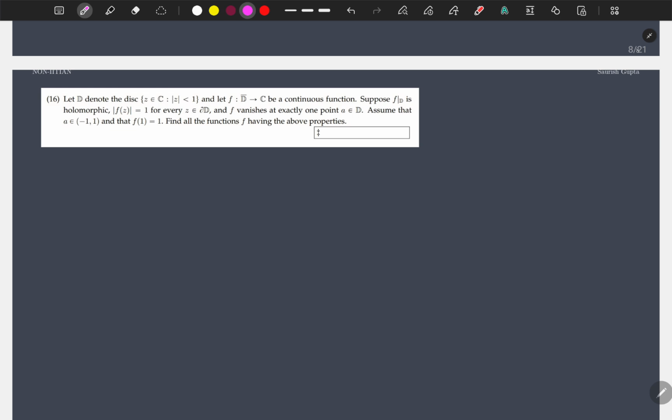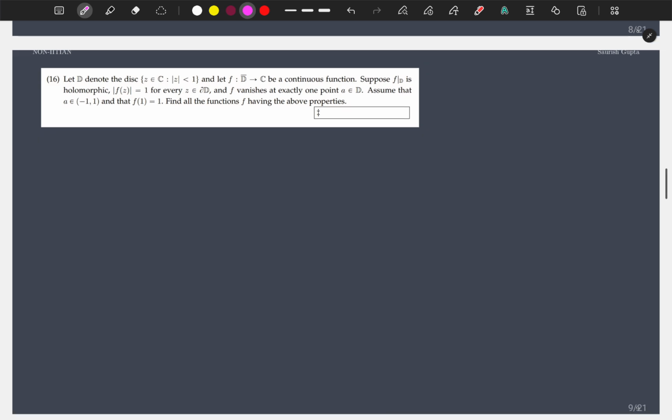Now something which you can observe is the following. There were a lot of information given in the problem. First of all, see that the function f is holomorphic on the closed disk D. It shouldn't be holomorphic on the closed disk, I'm sorry. Again I made a mistake, so let me give the alternative.